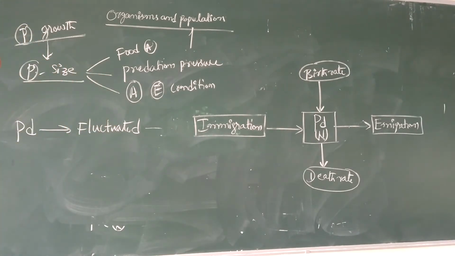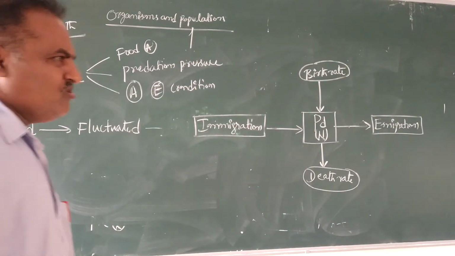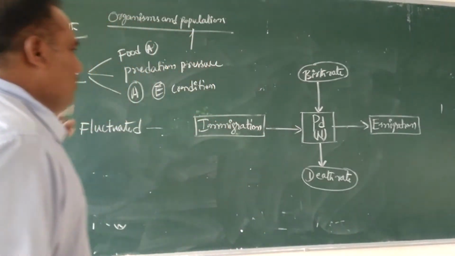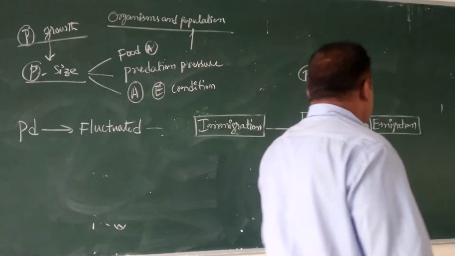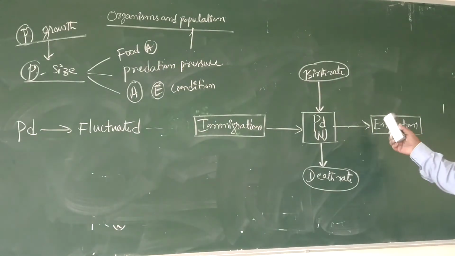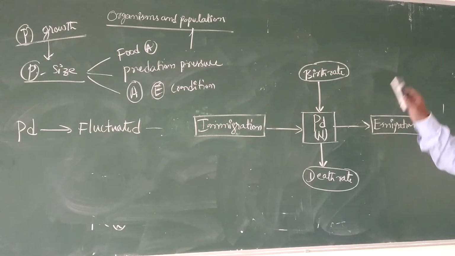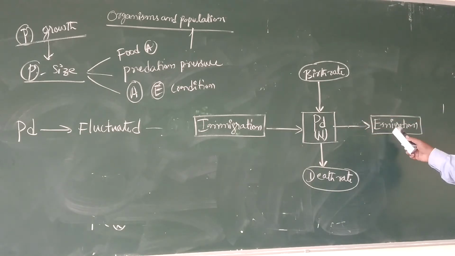And one more term is emigration. Emigration means the number of individuals of a population who left the habitat and gone elsewhere. Immigration means entry of individuals into the population, and emigration means individuals going out from the habitat.